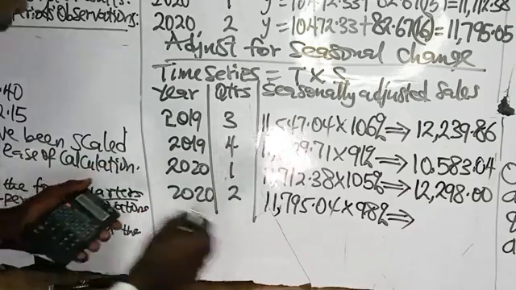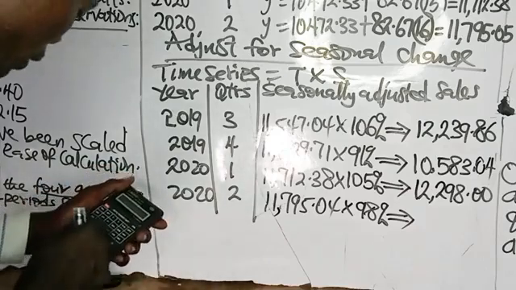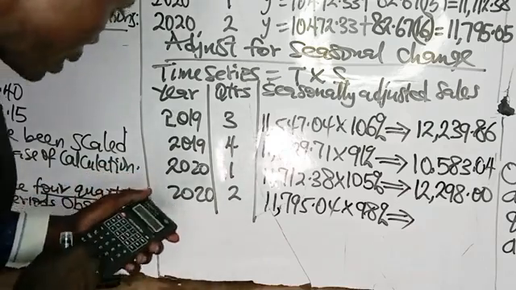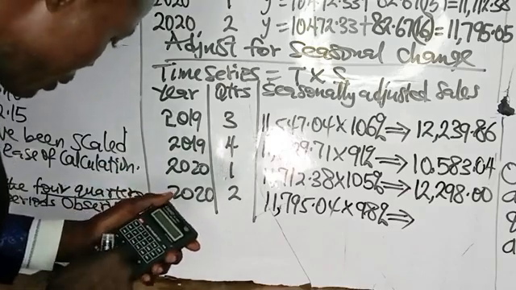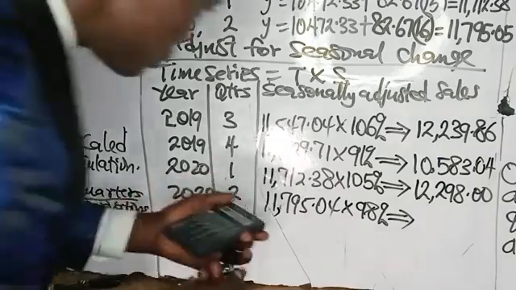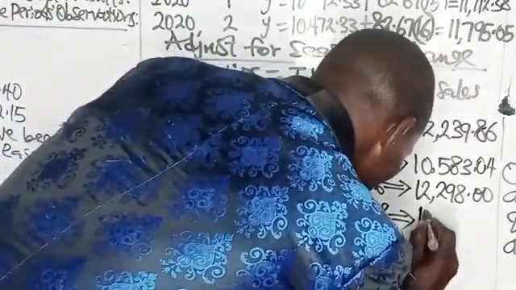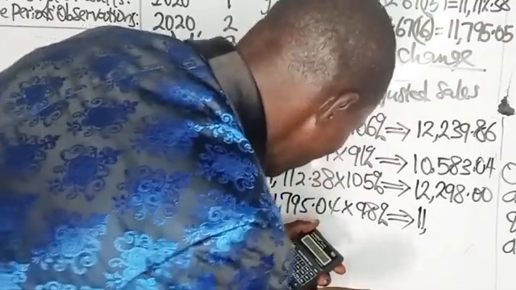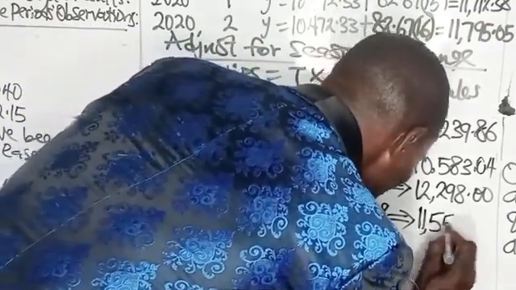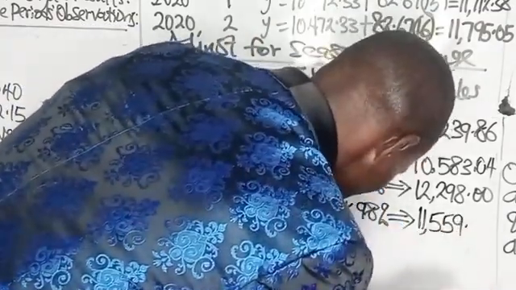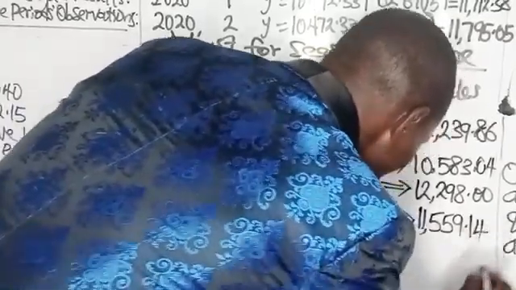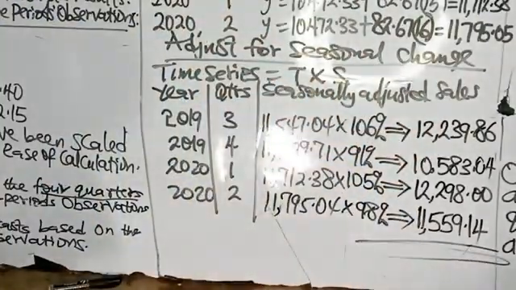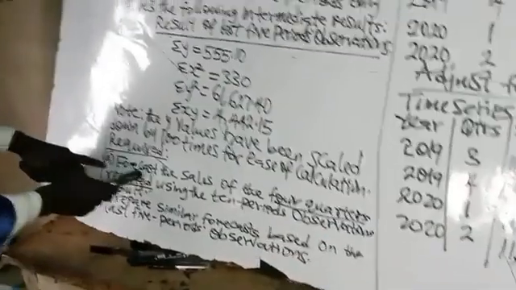Then 11,795.05 times 98%. We have 11,559.14. This is the solution to part A of the question.